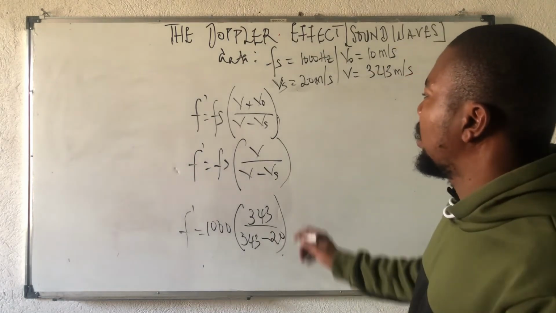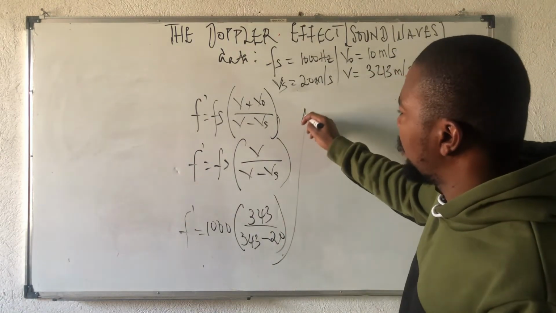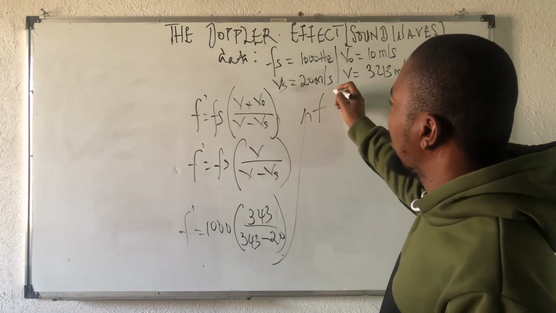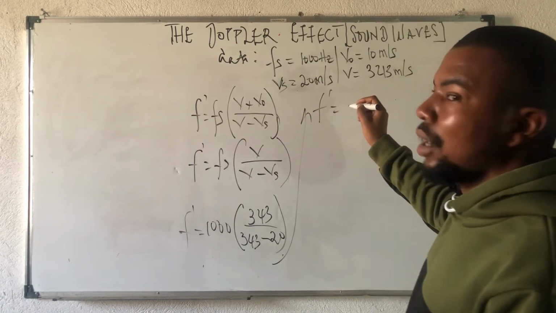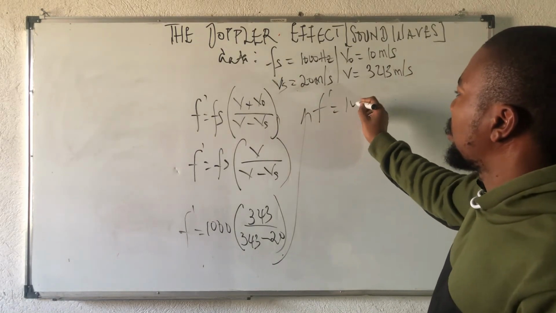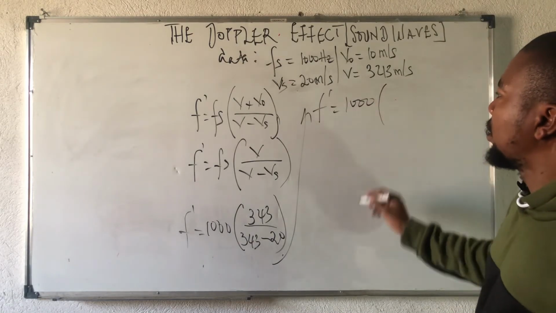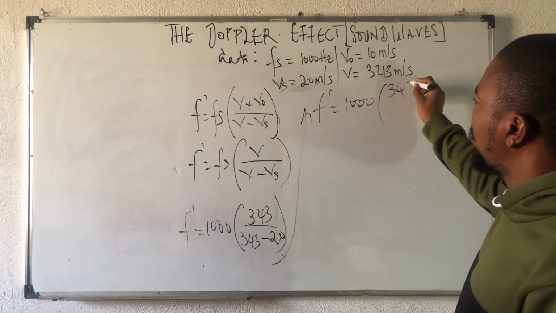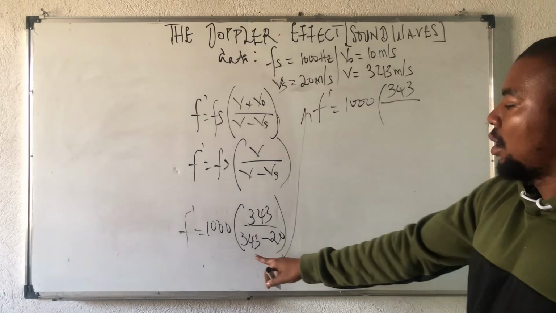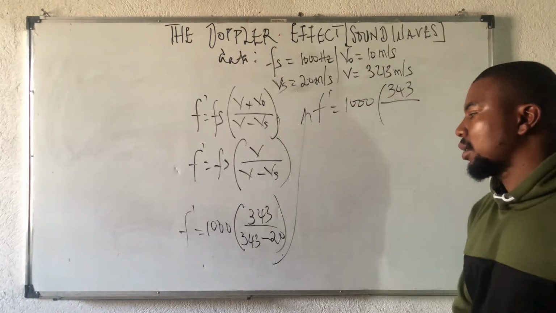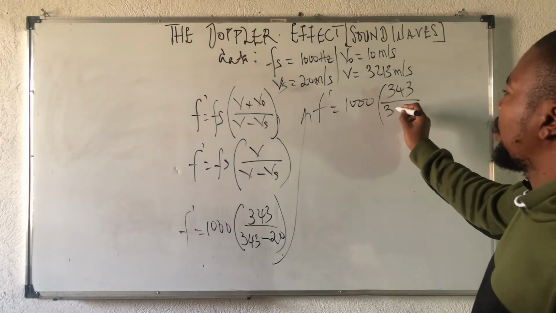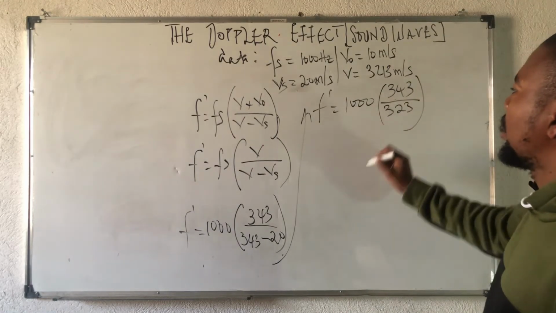So what do we get here? Frequency prime is 1000 multiplied by 343 over 343 minus 20, which gives us 323.